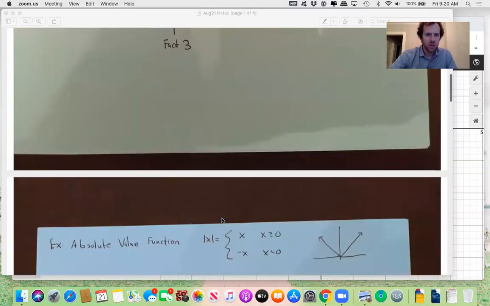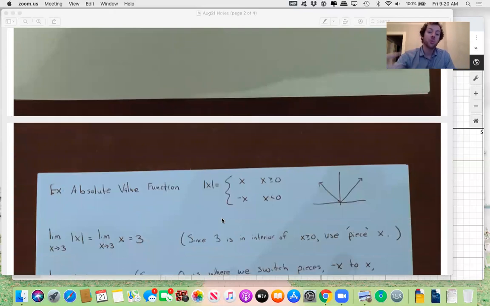So the next thing that I want to talk about is piecewise functions. As the example we'll start with, the absolute value function. This is a piecewise function that says if you input a number greater than or equal to 0, just output that x.